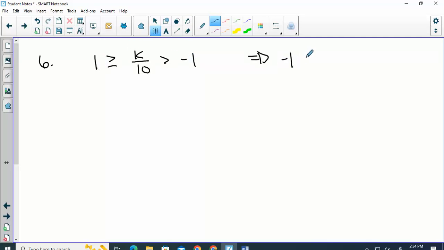So this is the same as saying negative 1 is less than k divided by 10, which is less than or equal to positive 1. Do you have to do that? Not necessarily, but you're going to have to write your final answer in this form. So I would probably do that first and then you can solve it pretty easily.